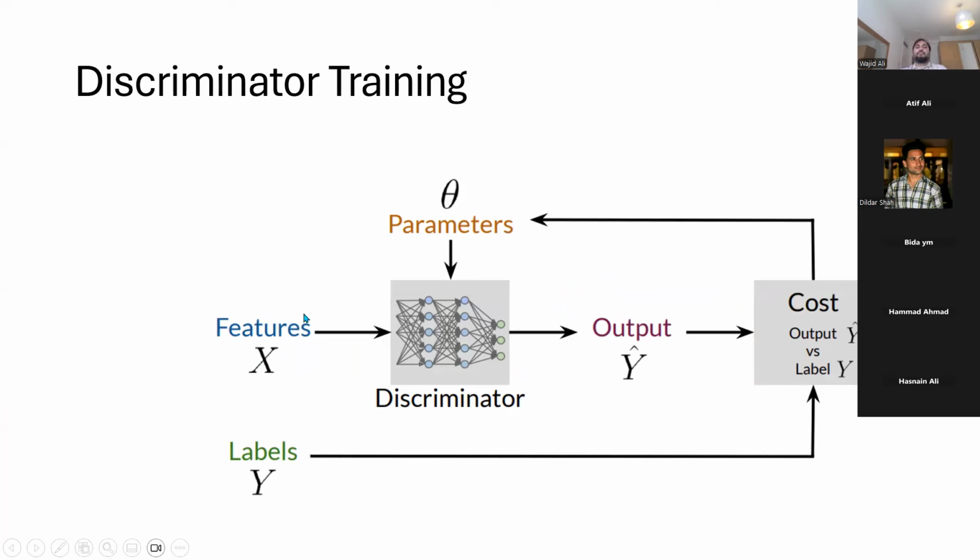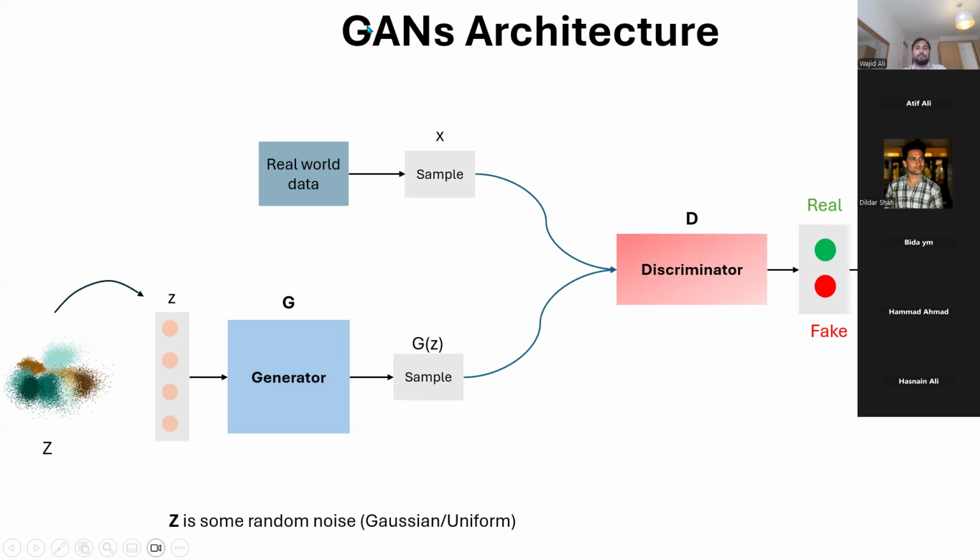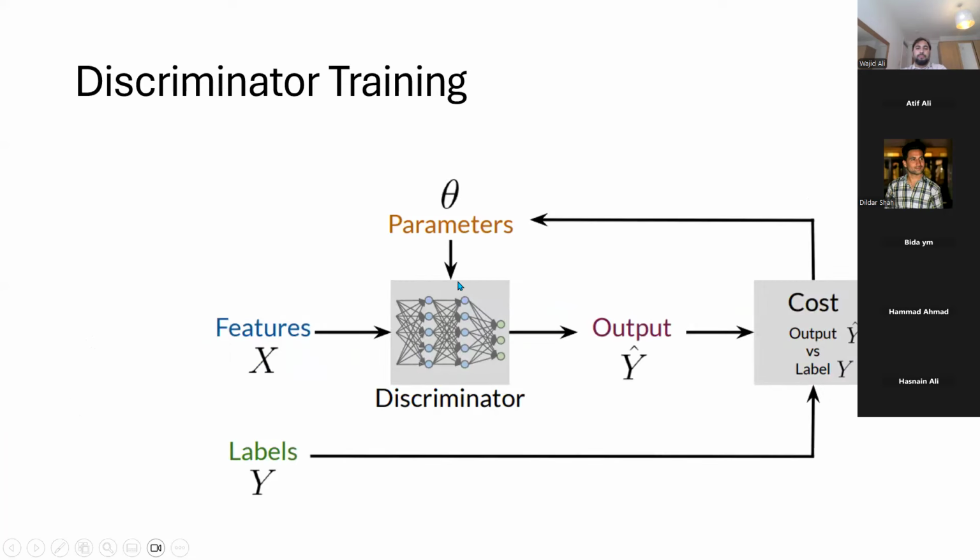It takes features, which are samples. Let's say these samples could be these or these, and then the neural network multiplies all the samples with the parameters and gives us an output, which is the probability that these features belong to real data.